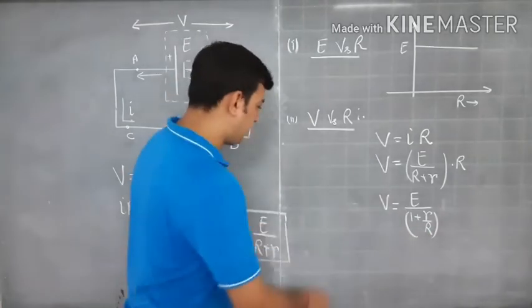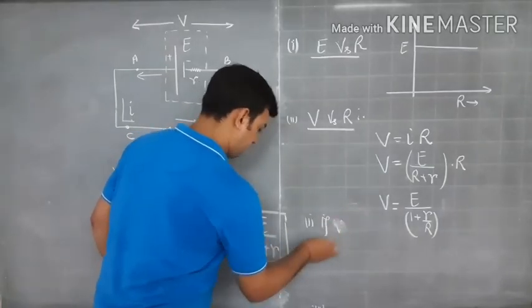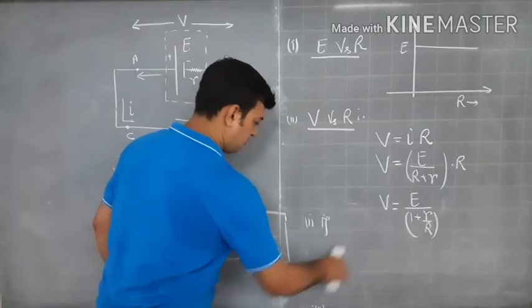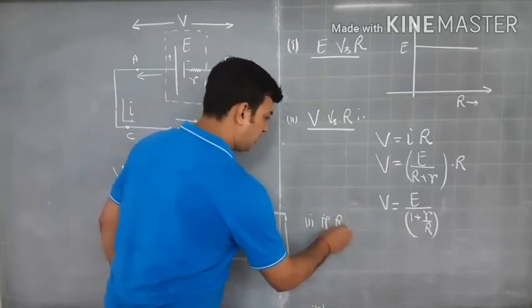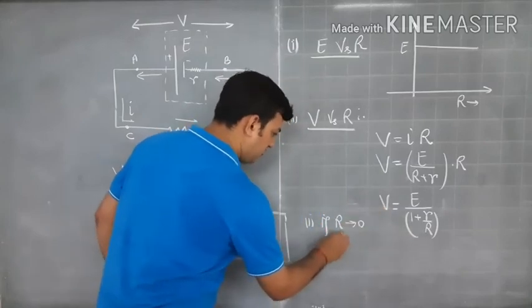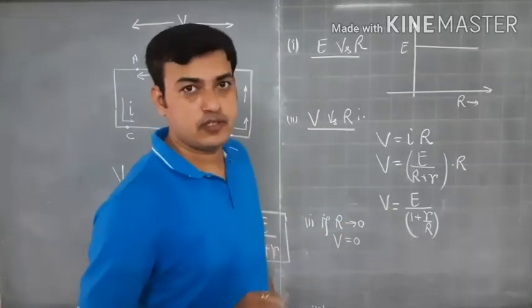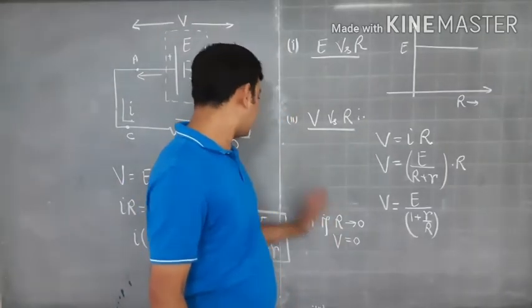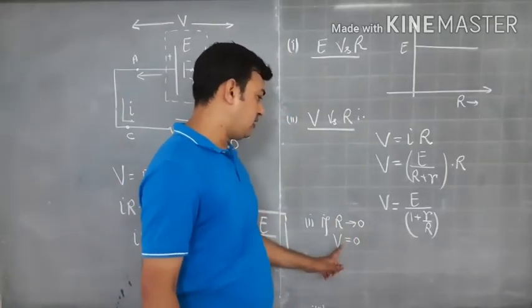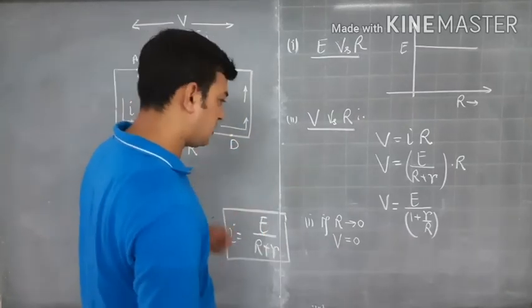Now let us see some important conditions. If my R tends to 0, in that case V tends to 0. It means that if the external resistance is almost 0, there is no potential difference across this resistance.